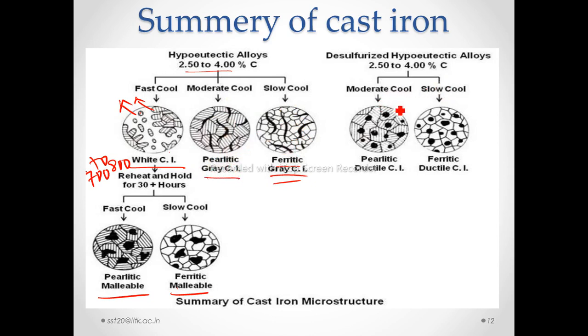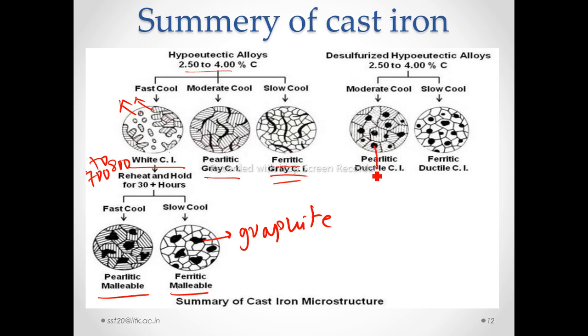One more class is by adding magnesium or cerium, we will get a different kind of microstructure. That is, these flakes will convert into nodular form. These are a spherical form. These are not spherical. Remember, these malleable iron structures are graphite too, correct, but they are not in a nodular form.